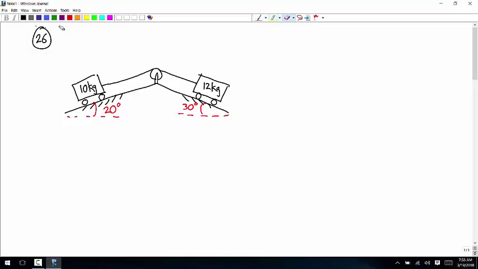Okay, well, normally when you have a system of things and you're trying to calculate the acceleration, you isolate everything together. That's the easiest way.